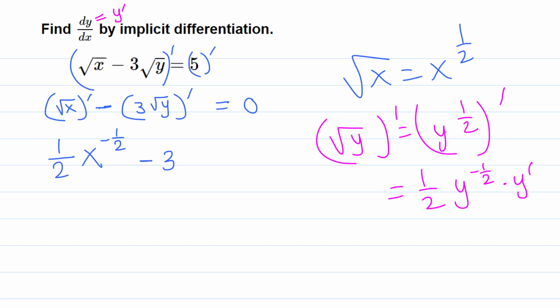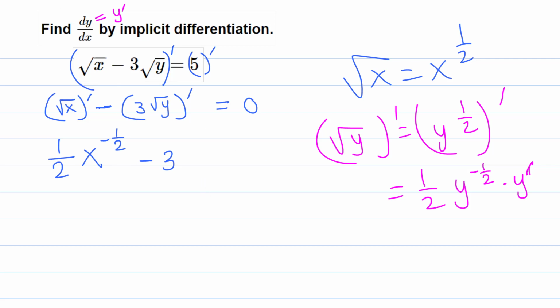It's like when we have u in the chain rule, we multiplied by u prime. For x, we could have multiplied by x prime as well, but x prime means the derivative of x with respect to x, that's 1, so we don't have to write times x prime.